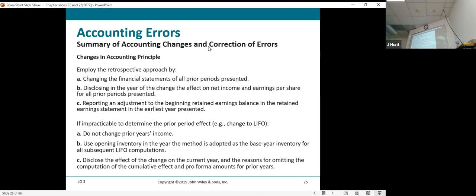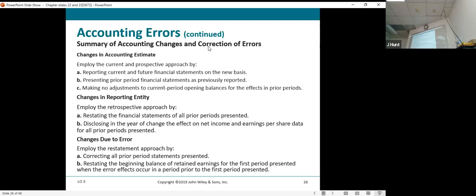If it's not practical, then they tell you what to do: you don't change your prior income and you disclose the effect in the current year and going forward. And then the other key piece that I didn't mention, you have to say the reason why you couldn't go back. You have to disclose that as well. So you can't just say, oh, I can't go back because I don't have the data. You gotta disclose why you haven't provided it.